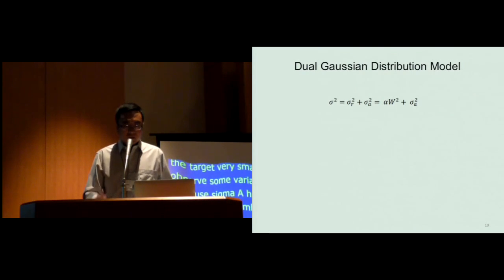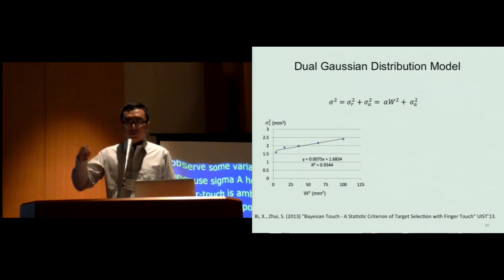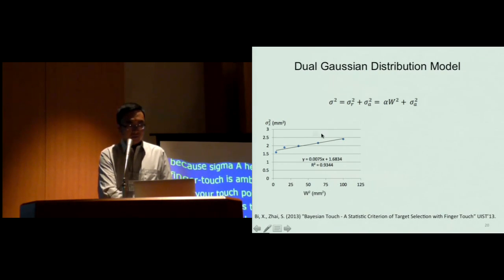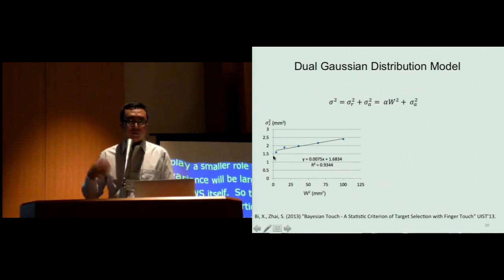So to test this hypothesis, we ran a study. Participants performed a bunch of target selection tasks with various target sizes. It shows this linear relationship between the variance of touch points and the squared width. And we observe this intercept on the y-axis. That's the value of sigma a squared.